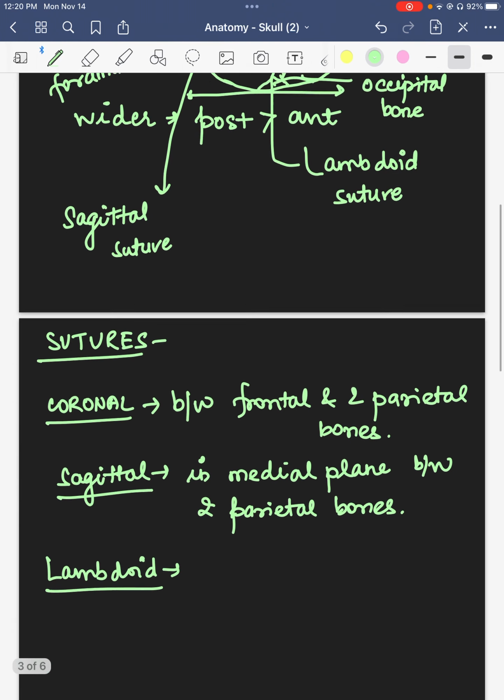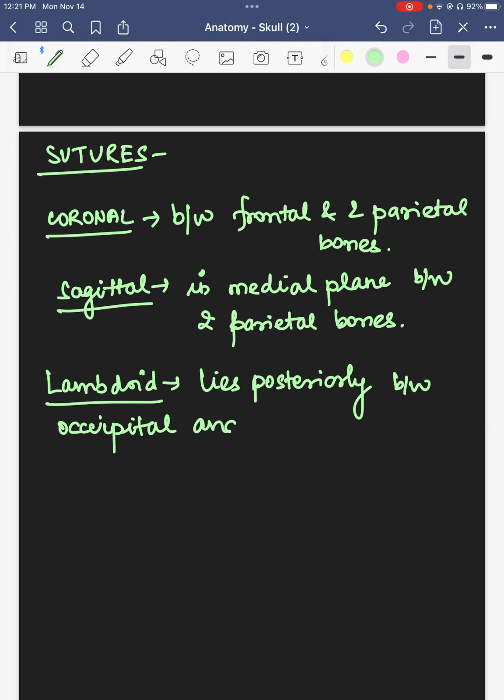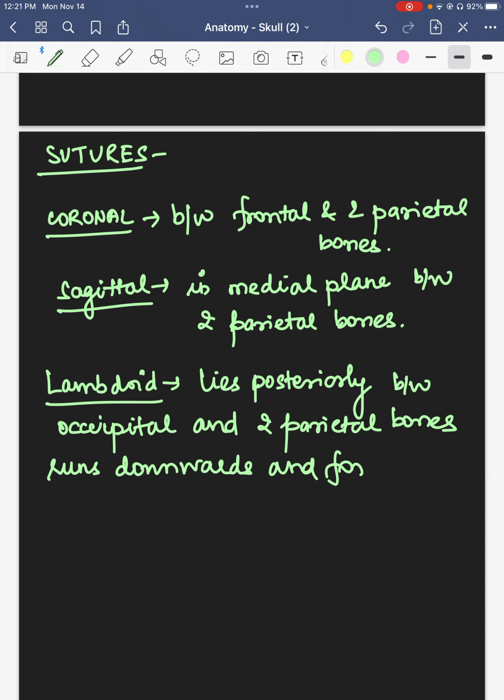The lambdoid suture lies posteriorly between the occipital and two parietal bones. It runs downwards and forwards across the cranial vault.